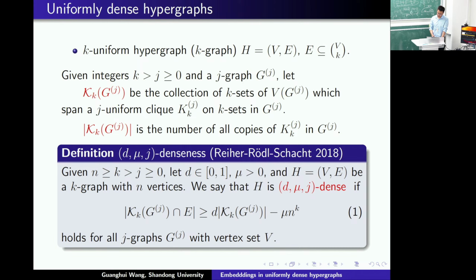If the density is at least about d, then we call H (d, μ, g)-dense. Roughly speaking, when g is larger, the edge distribution of this hypergraph is more random. When g is equal to 0, then it is the classical one, and when g is 1, it is the uniform Turán density.